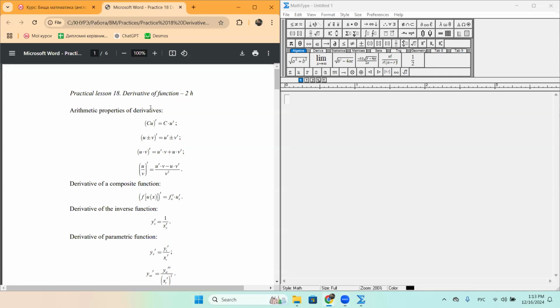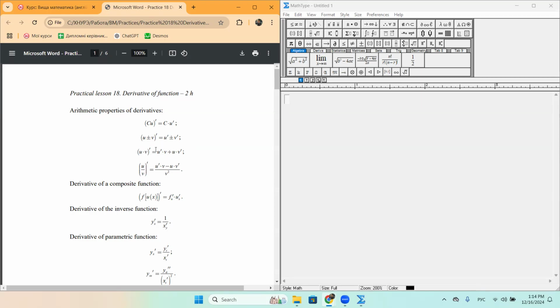So, arithmetic properties of derivatives: we can move the constant out of the derivative. The derivative of a sum equals the sum of derivatives.